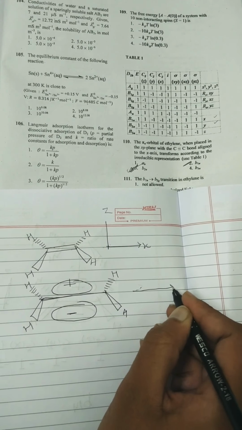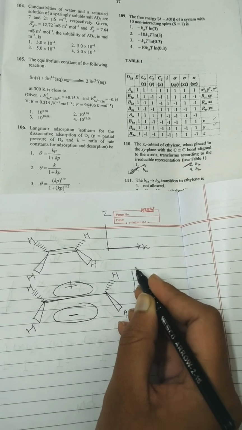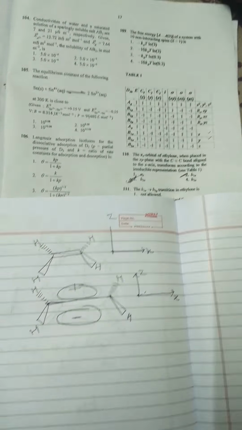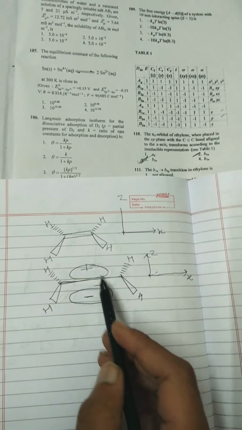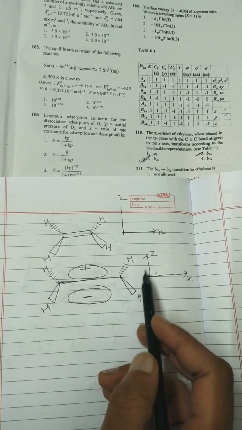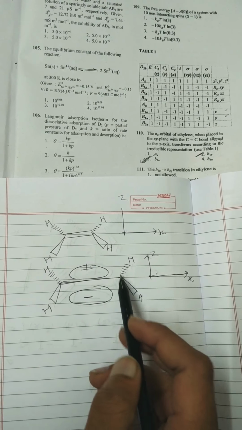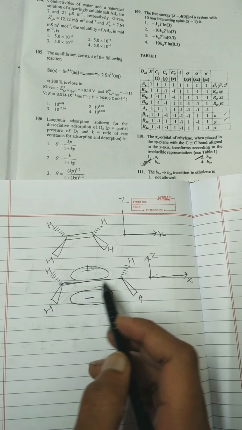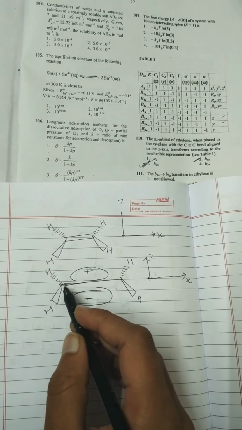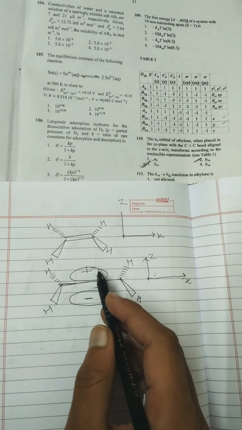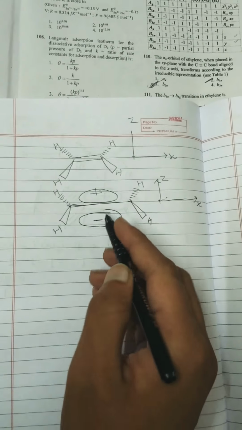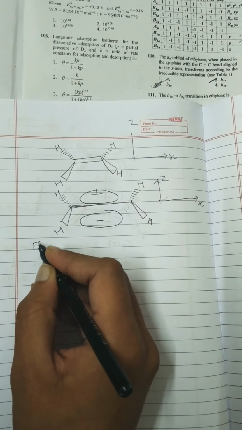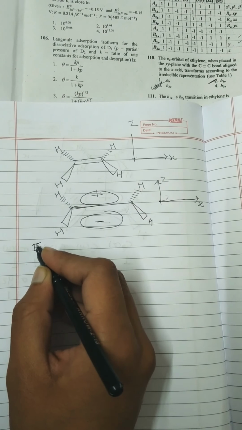This is my x-axis, this is my z-axis, and this axis is my y-axis. Now you can see that these lobes are lying in the z direction, in the xz plane. Why? Because these lobes are formed by the overlapping of two pz orbitals of carbon. This is one pz, this is the second pz. They overlap and form a plus lobe and a minus lobe. So this is ungerade.